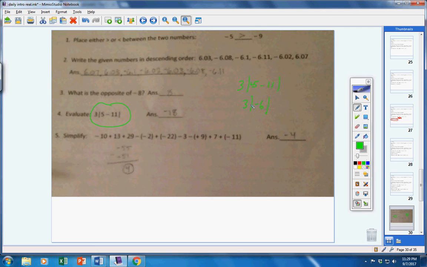Now, this is 3 times the absolute value of negative 6, right? Well, Macy, what is the absolute value of negative 6? Positive 6. So you really have 3 times positive 6, which is a positive 18.